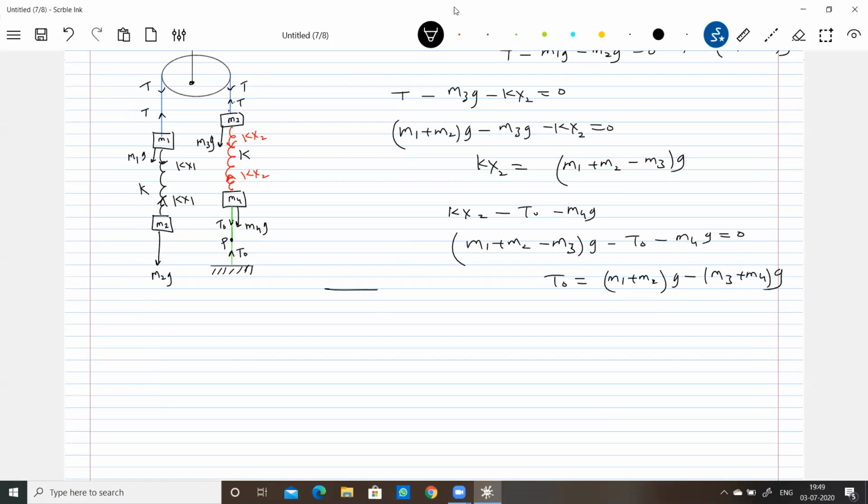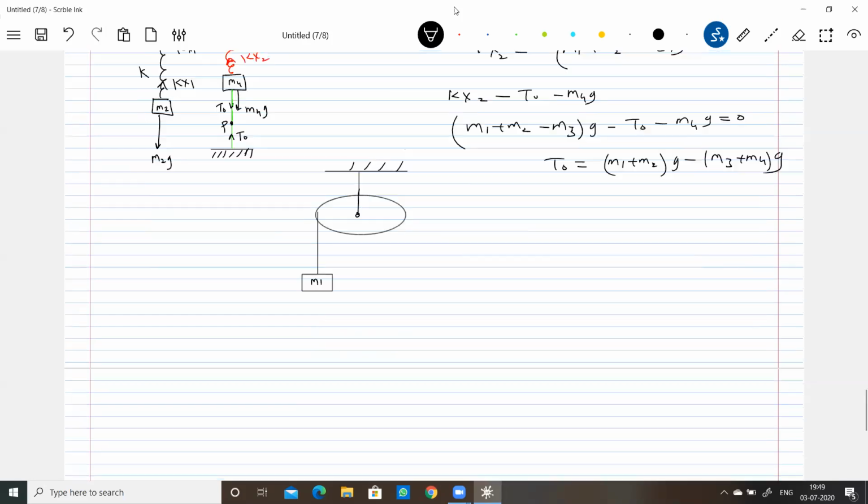I'll draw the diagram after cutting it. This is M1. I'll go for next page.